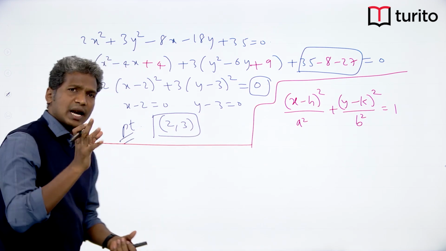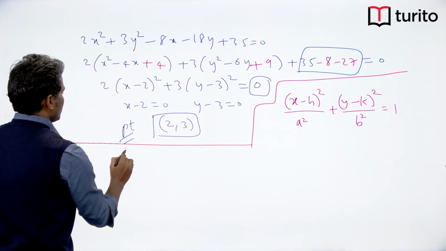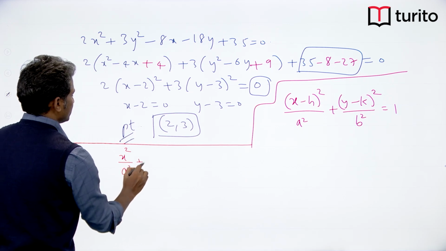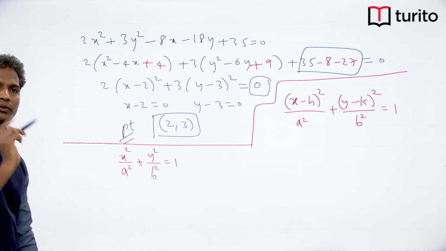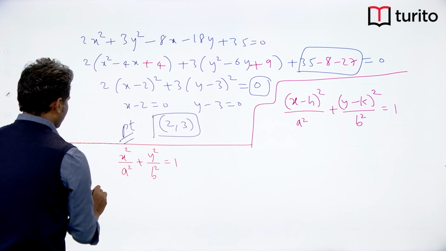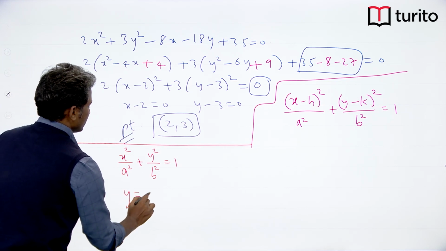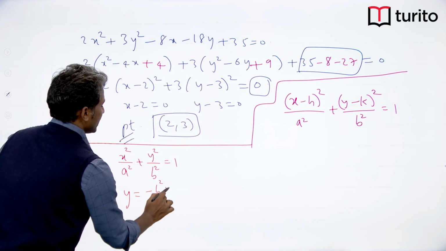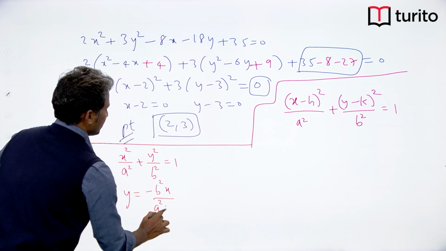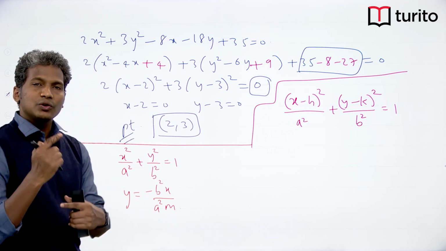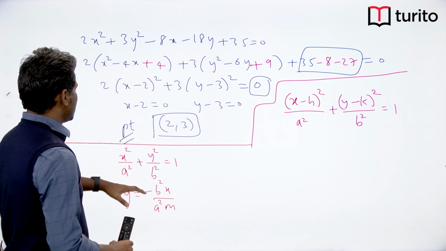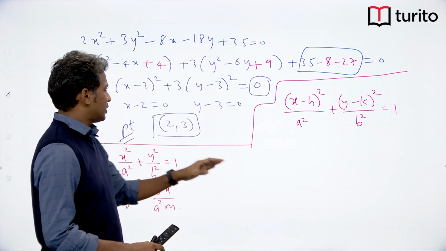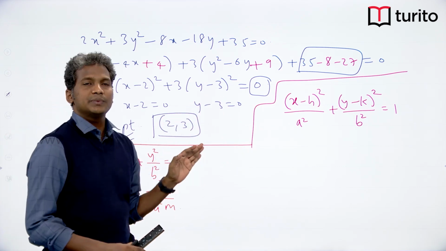Now, for standard ellipse, for this ellipse, the equation of diameter that we got is like this, y equal to minus b square x by a square m, where m is the slope of the chords. So, now when we shift this diameter along with the ellipse, because what is the connection between this ellipse and that ellipse?